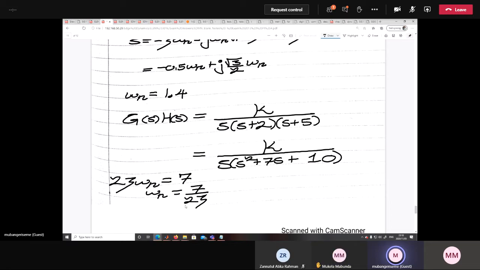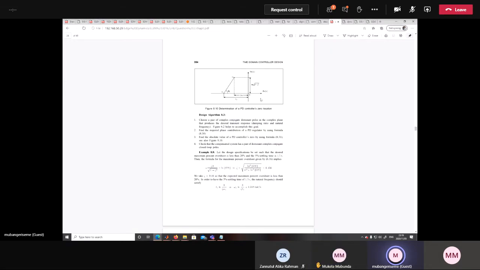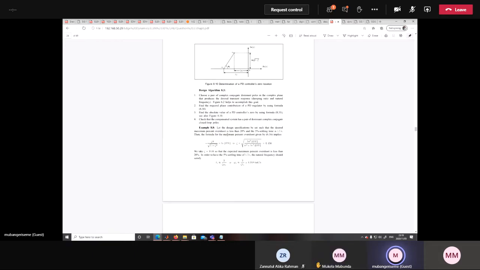But no. What other information do we know in this question? There's got to be a way to infer it. There's got to be. Locate a point on the locus that corresponds to a closed loop damping ratio of 0.5. Okay, we know the closed loop damping ratio, we don't know anything else.